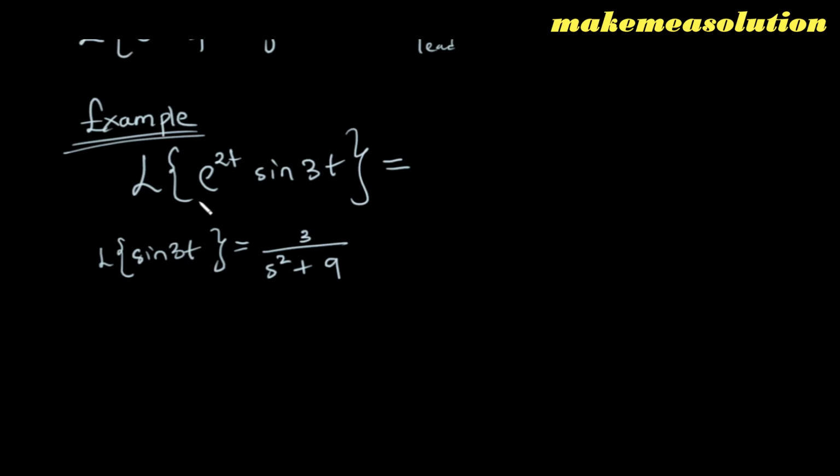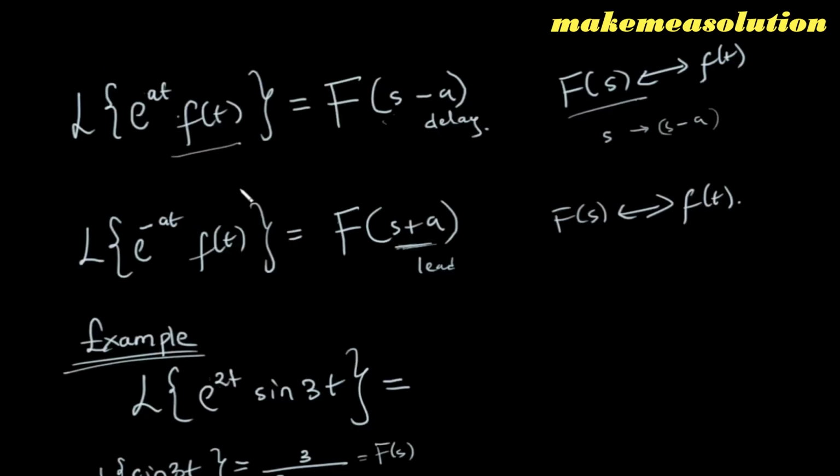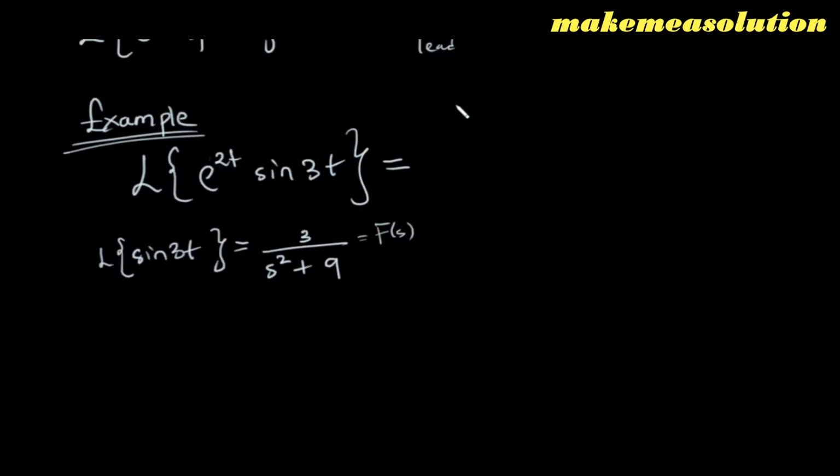Now, if you want to apply these shifts, this is my f of s. With this plus 2, you're going to have f of s minus a. And the value of a in this case is actually not 3, but rather this parameter that you have over here. This 3 is the angular frequency of your sine graph.